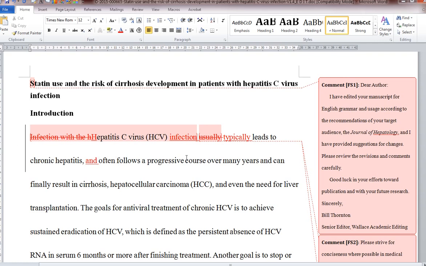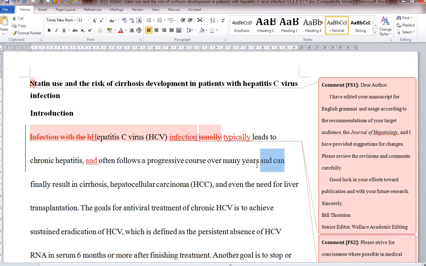The author has multiple clauses here, and omitting conjunctions can often lead to confusing wording, or ambiguous, and we don't want that. Sometimes it can be just downright inappropriate. Okay, often follows a progressive course over many years, and can finally result.